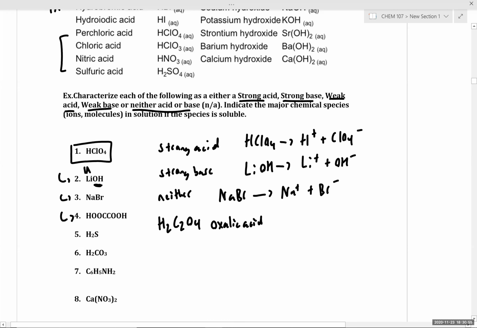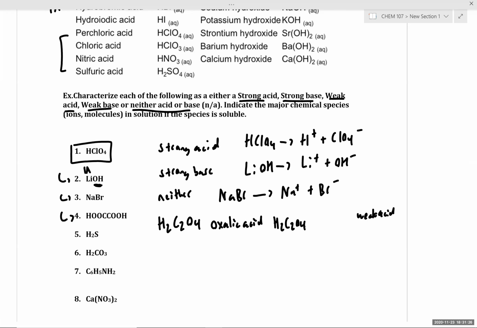Now, based on the name, we can definitely conclude it's an acid. And would we expect this to be a strong or weak acid? Weak acid. Yep, exactly right. So we'd assign this as a weak acid. And as a result, would we have mainly ions or molecules in solution?